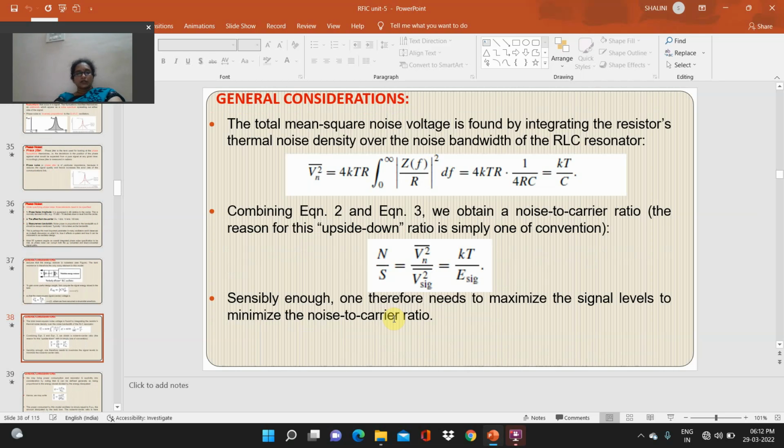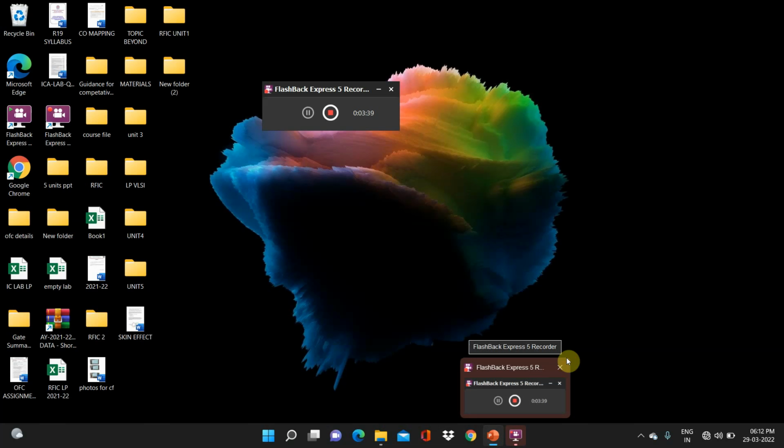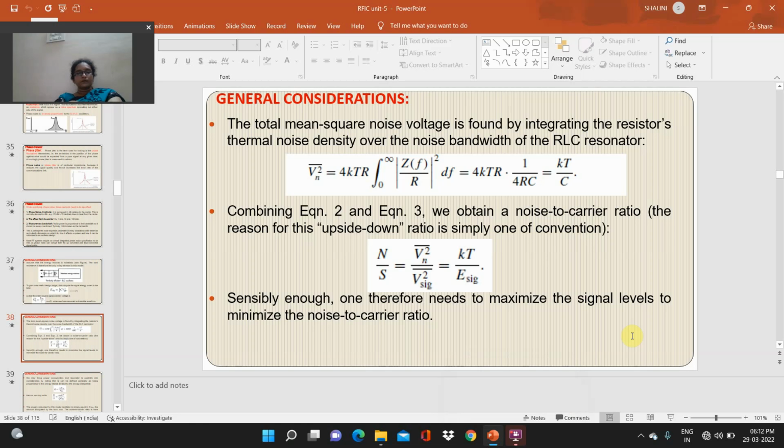The total mean square noise voltage is found by integrating the resistor's thermal noise density over the noise bandwidth of the RLC resonator.